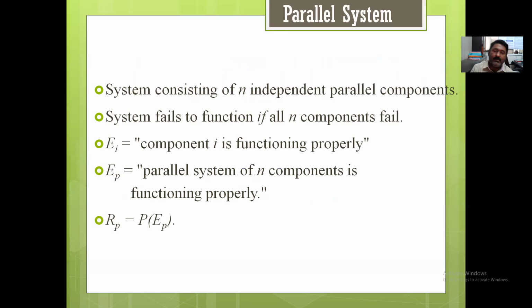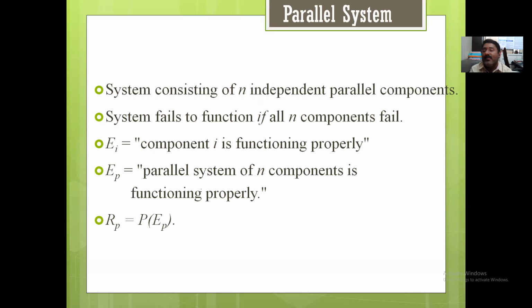So, parallel system: a system consists of n independent parallel components. A system fails to function if all n components fail. This we have discussed. If there are n components and we say the system has failed, then all n components should have failed. Again, E stands for the component functioning properly, as we have already discussed.